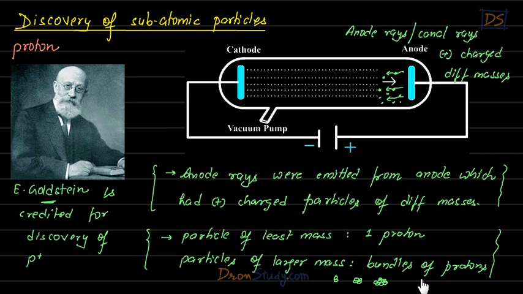And it was then when proton was discovered. So now you can understand why I am saying that Goldstein is credited for discovery of proton, because he was not the only person who contributed for the discovery of proton. There were other scientists who actually gave this idea, and proton was finally discovered. Got the point?